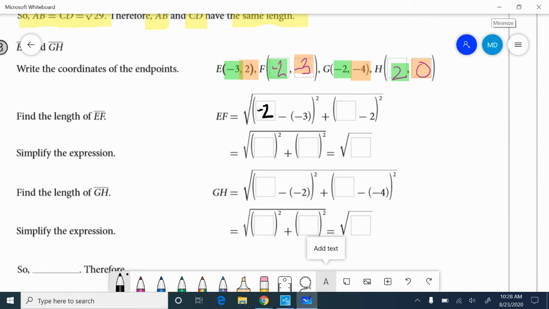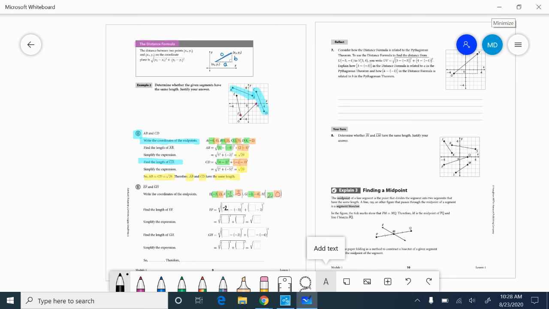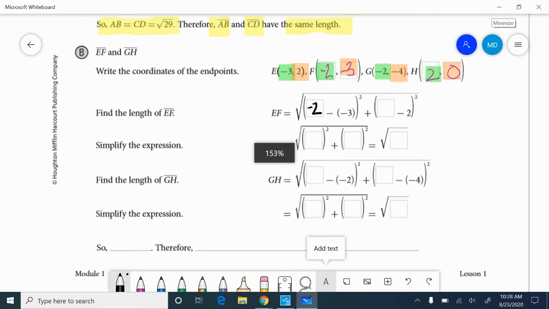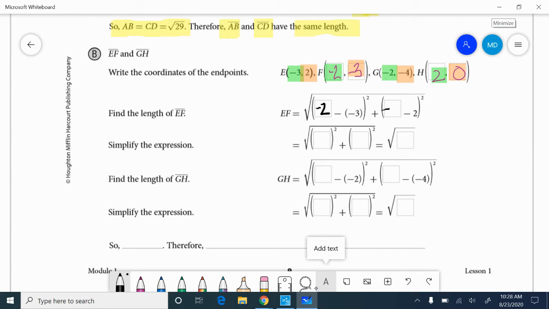Okay, and then to subtract my y values, we've already chosen the order. So we're using the F value and then the E value. So the F value is going to go first, which is -3. I'm realizing if I touch my screen and try to write at the same time, it's taking it as a zoom in, zoom out type of operation.